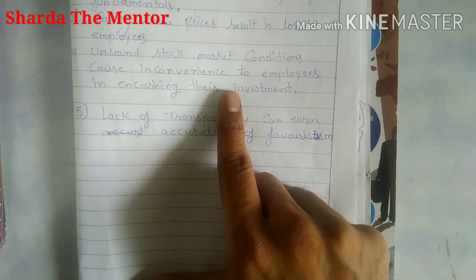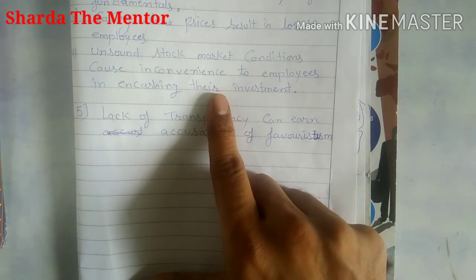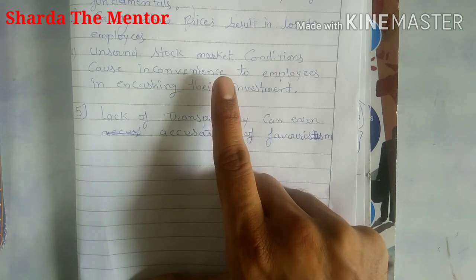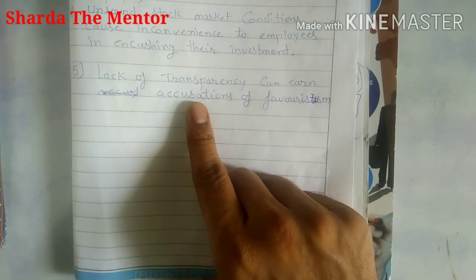So it is not possible for the employees to encash. It means if they sell their shares, they will get only 600. That does not seem good for the employee to get cash by selling shares if the stock market or the share of that company is not performing well.